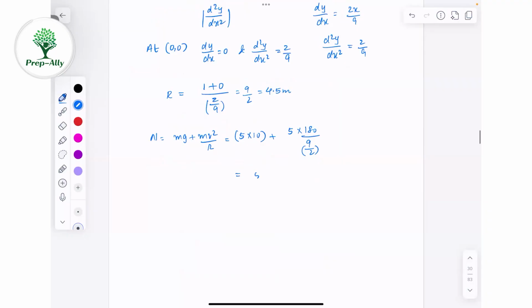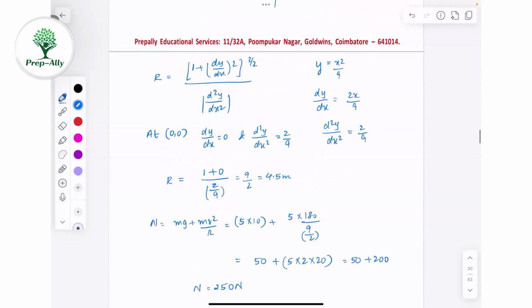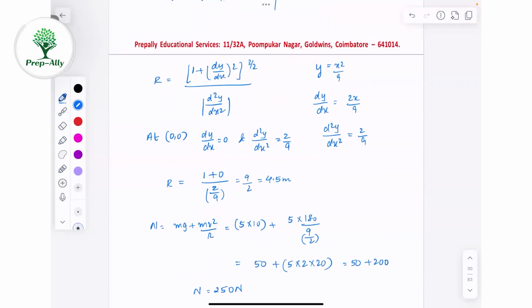So that gives us 50 plus 5 into 2 into 20. So 50 plus 200. So normal reaction is going to be 250 newtons. So if you know how to get the radius of curvature, this problem would be very easy.